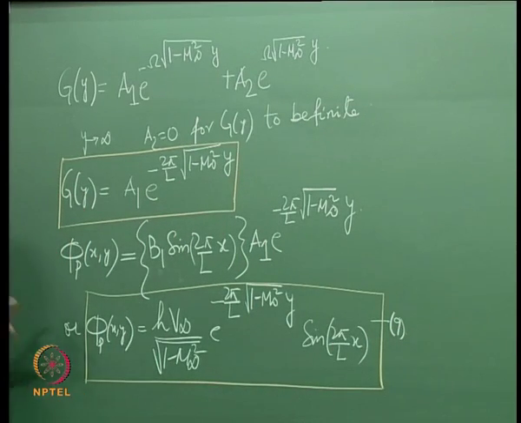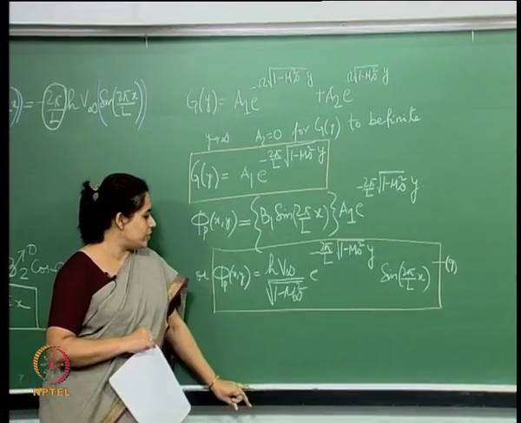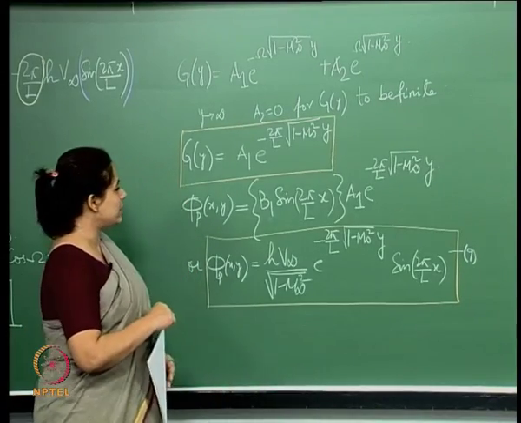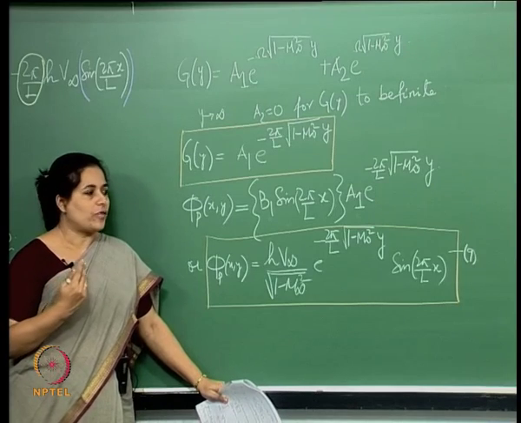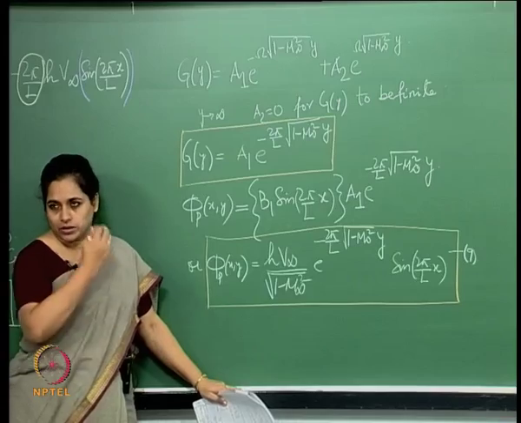Now that we have got this, our original problem was that we needed to find a surface velocity potential, and we said that we were going to divide that or fraction that into the free stream and a perturbation potential.